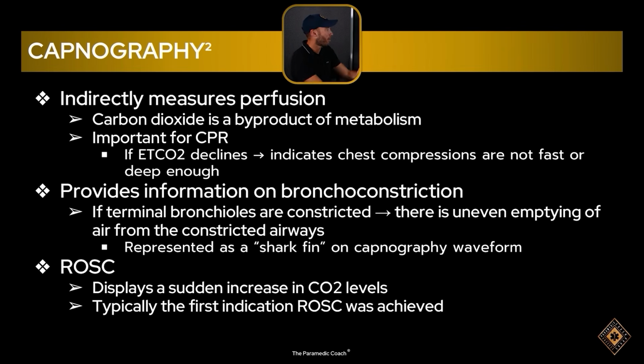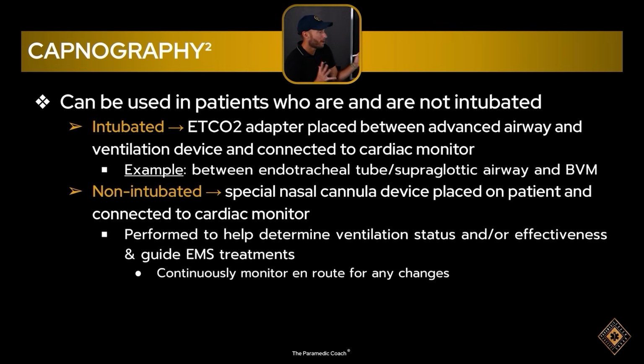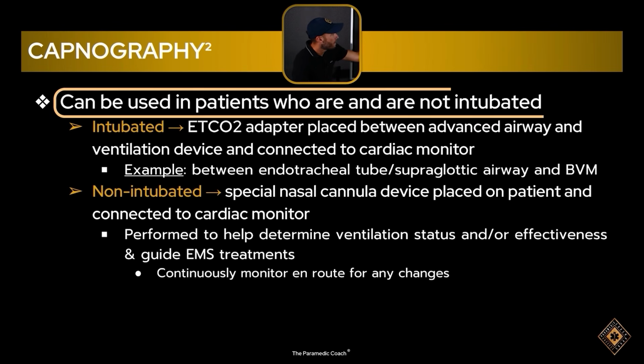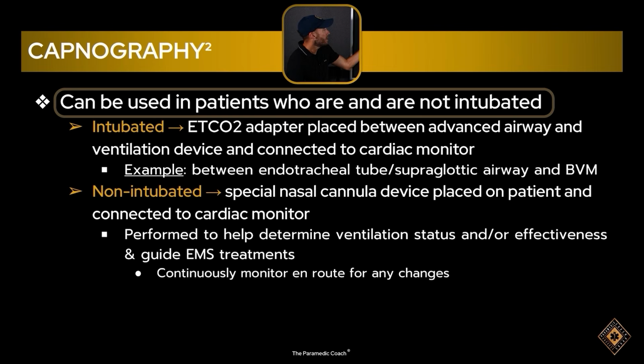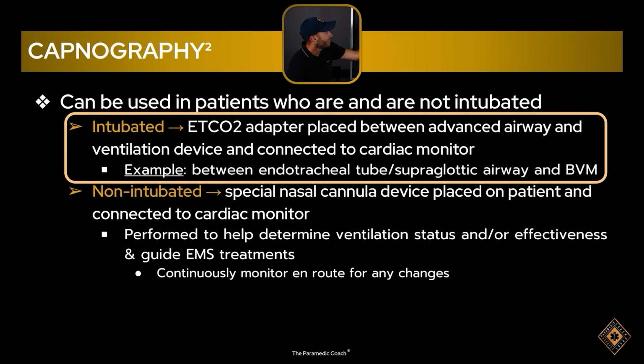Now we're going to pump it up a little bit and get into the real meat and potatoes here. Capnography can be used in patients who are and are not intubated. For example, in intubated patients, we use an end-tidal CO2 adapter placed between the advanced airway and the ventilation device, connected to the cardiac monitor.